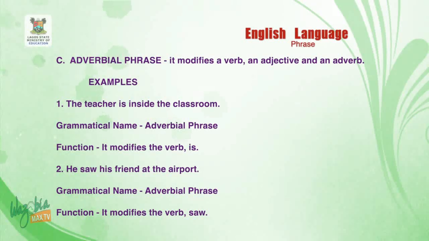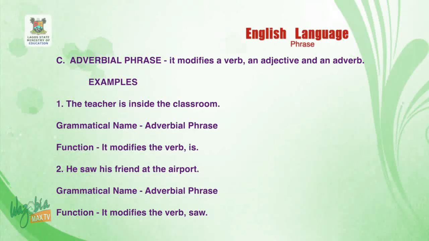There are so many types of adverbial phrases, and I'm going to put all of them together in what I have here. But don't forget, we have adverbial phrase of time, adverbial phrase of place, adverbial phrase of manner, adverbial phrase of reason, adverbial phrase of condition, and so many other types.